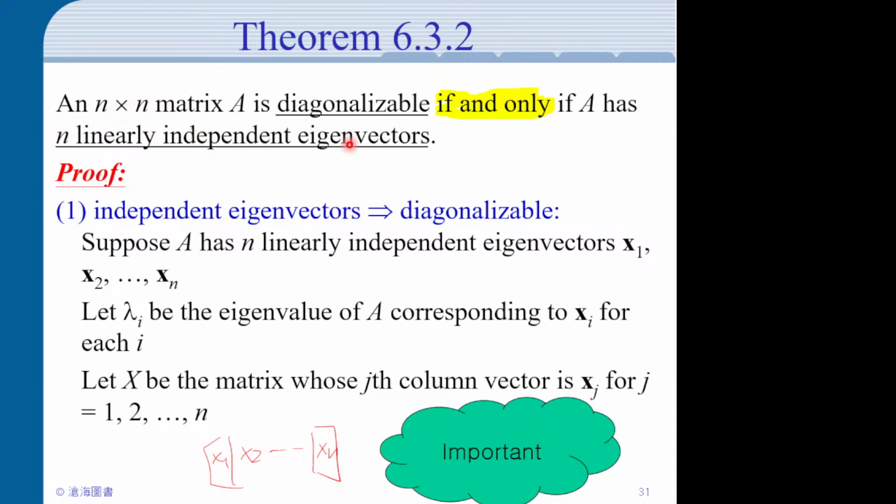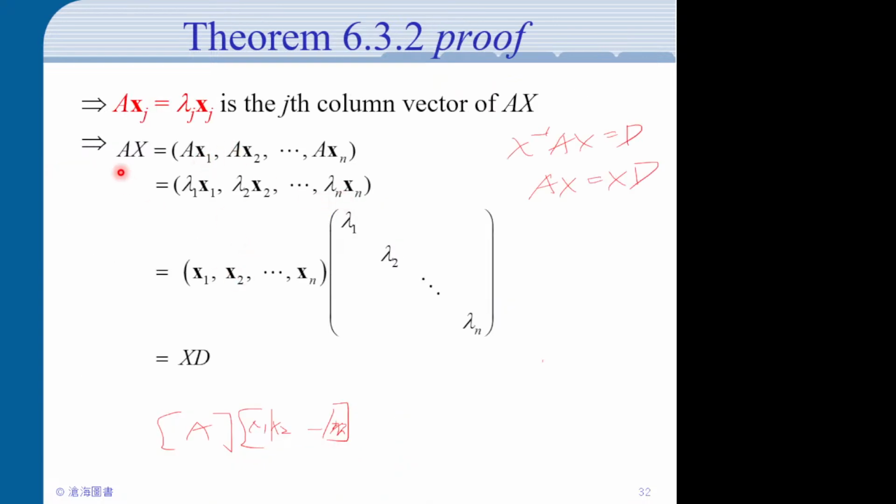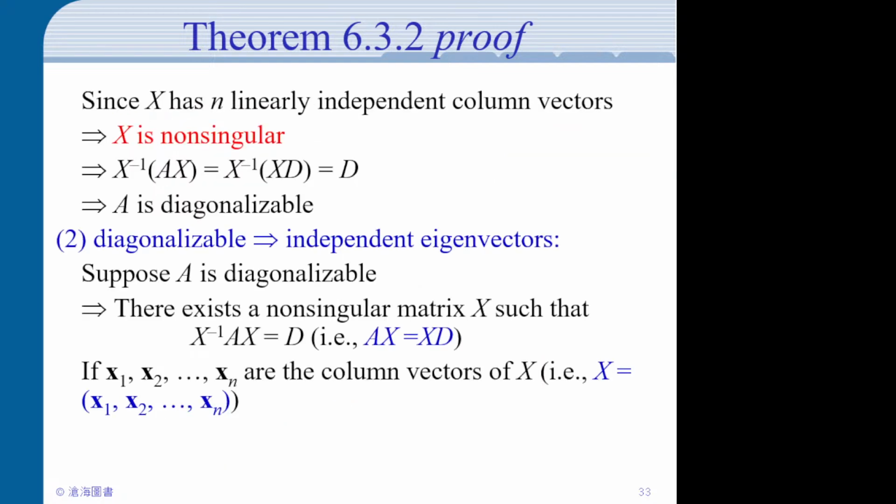So where do we use linear independence? We haven't used that the x's are linearly independent. This is actually true for every set of eigenvectors. What we need linear independence for in the next step is to write those two equations as equal. This is always true, but only with linear independence can we imply this, because without it, X doesn't even have an inverse.